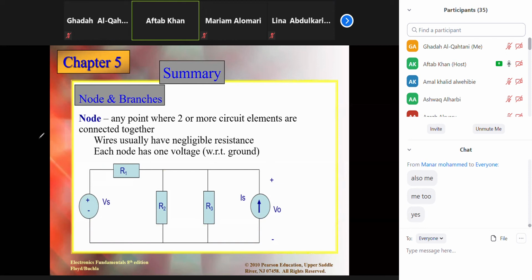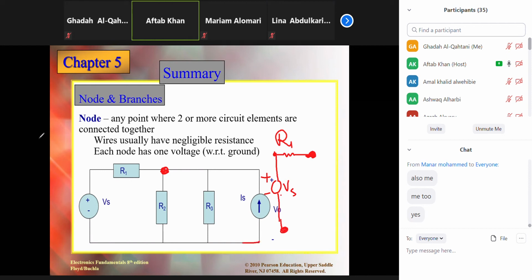All right, I am redrawing this circuit. Okay, this is R1, this is VS, this is a point. Which point? This point. Now let's make another point, which is this point.